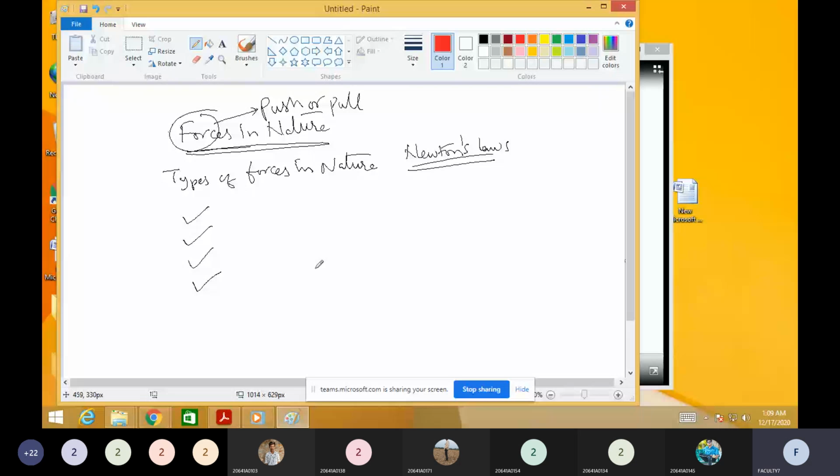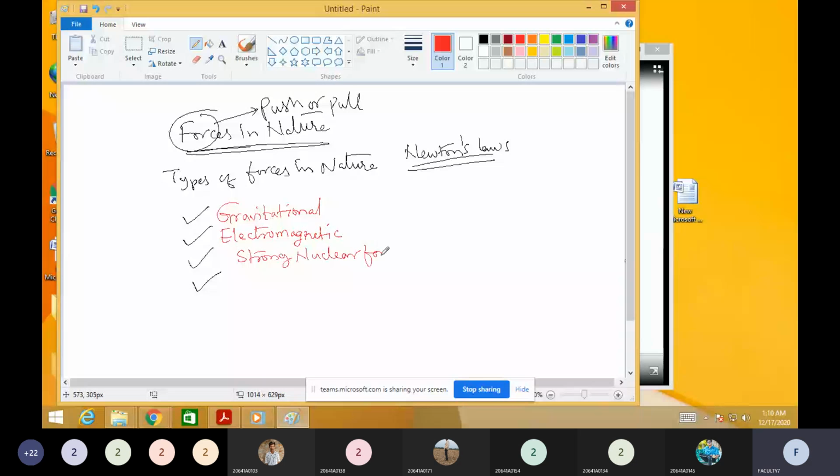Now the first thing is the gravitational force. Next, the second one is the electromagnetic force. Now the third thing is the strong nuclear force.